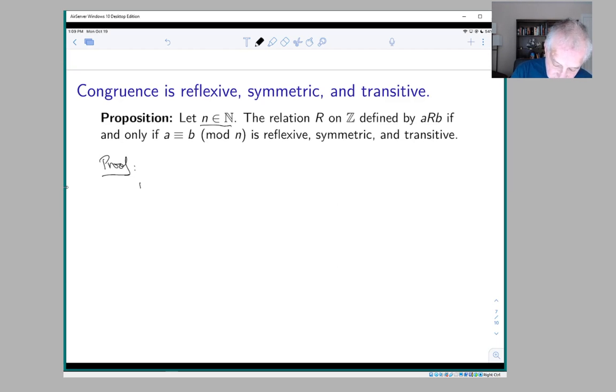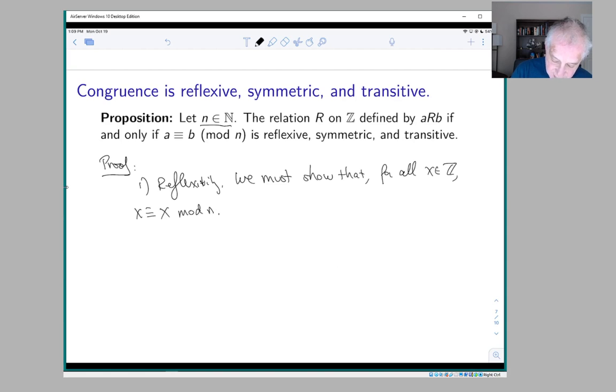So first of all, reflexivity. We must show that for all integers x in Z, x is congruent to x mod n. Let's remember what this means.